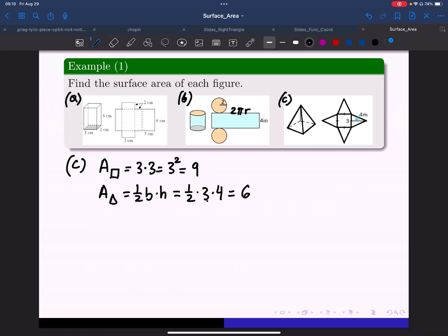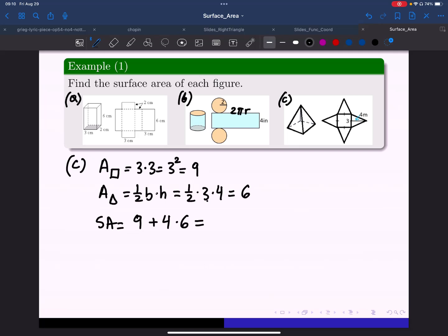So the total surface area would be the area of the square plus how many triangles do we have? We have 1, 2, 3, 4 triangles. So 4 times the area of those triangles. So we have 9 plus 4 times the area of a triangle.